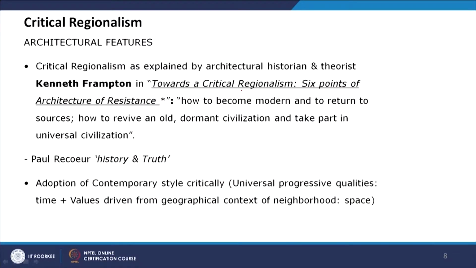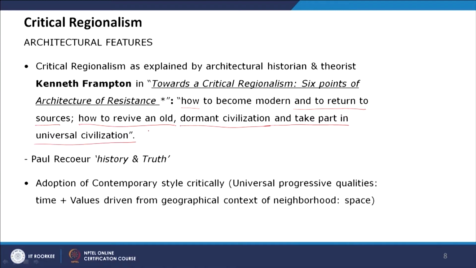Another theoretician, Kenneth Frampton, explains critical regionalism in his write-up. Critical regionalism, as explained by architectural historian and theorist Kenneth Frampton in Towards a Critical Regionalism: Six Points for an Architecture of Resistance, talks about how to become modern and return to sources, how to revive an old, dormant civilization and take part in universal civilization.